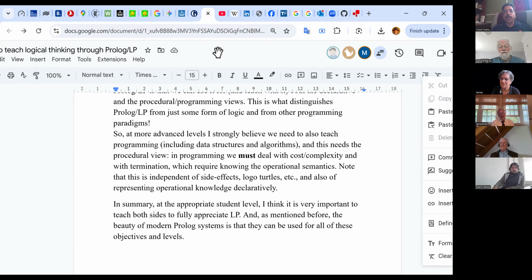So for the applications they use it for, it makes perfect sense to use bottom up. But if you want to teach programming and all that stuff, then I think bringing in top-down operational semantics makes it easier to explain, especially if you're appealing to their prior knowledge of programming.